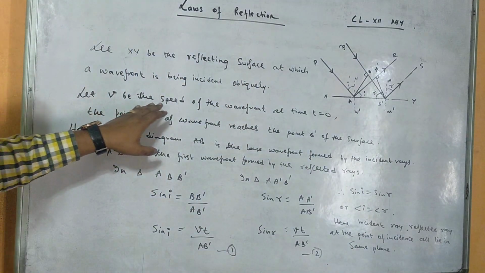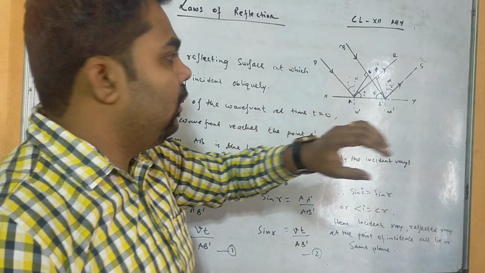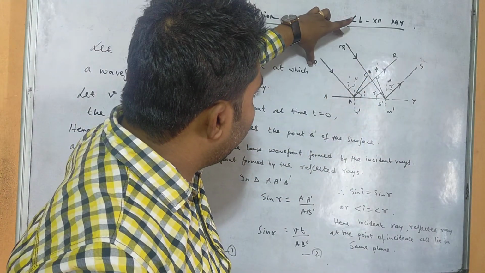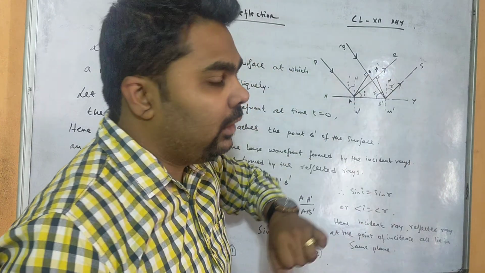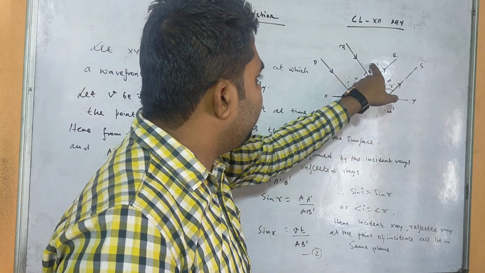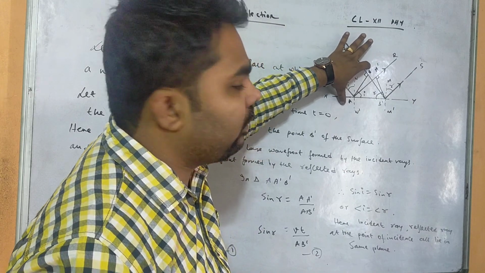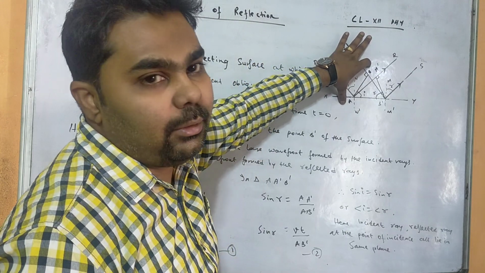Let v be the speed of the wavefront. At time t equals 0, initially, when the incident rays fall on the reflecting surface and this wavefront is formed at this position, let us consider that time to be t equals 0.